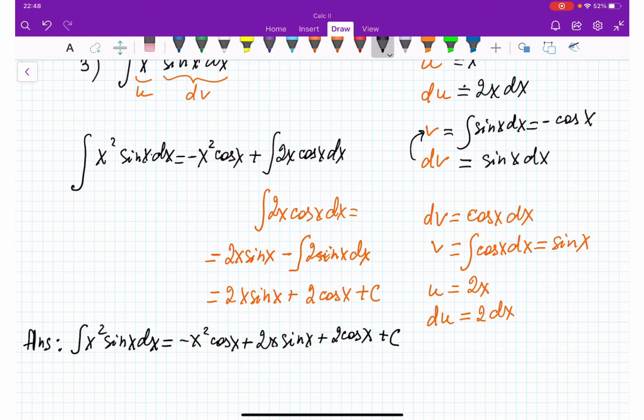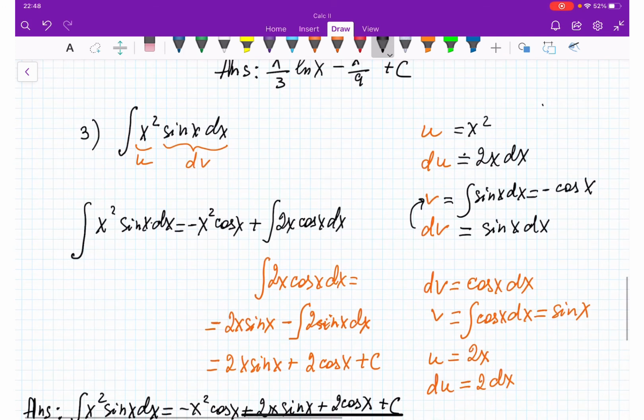So I would like here to warn you about some common mistakes students do. When you are making repetition of integration by parts, you need to be very careful not to interchange the substitution. Okay, what do I mean?